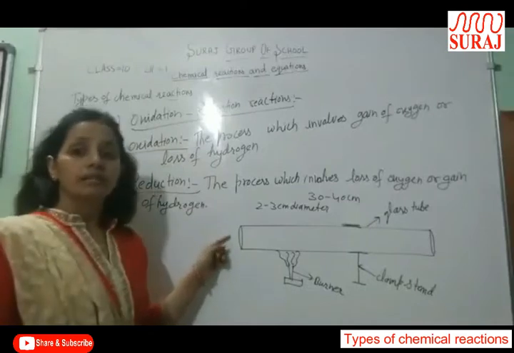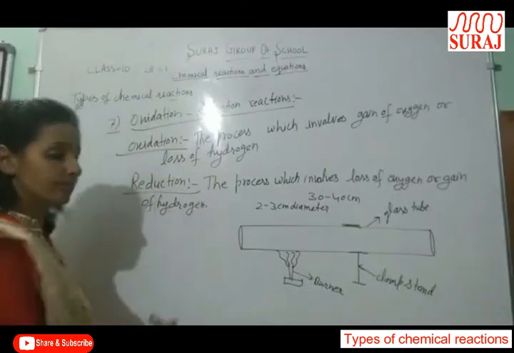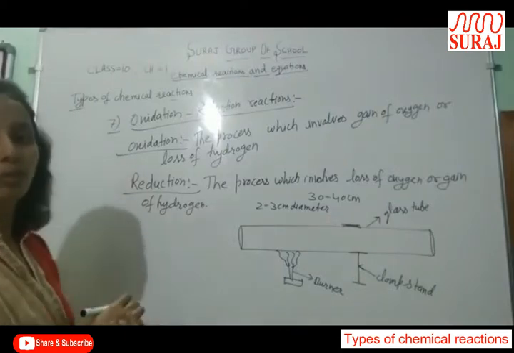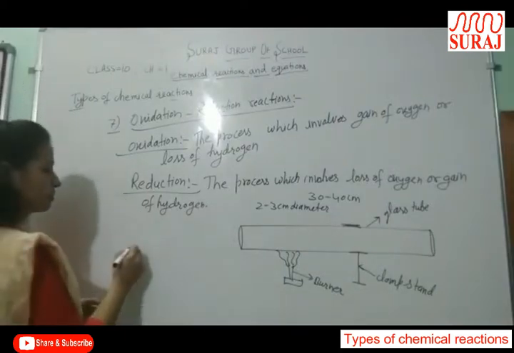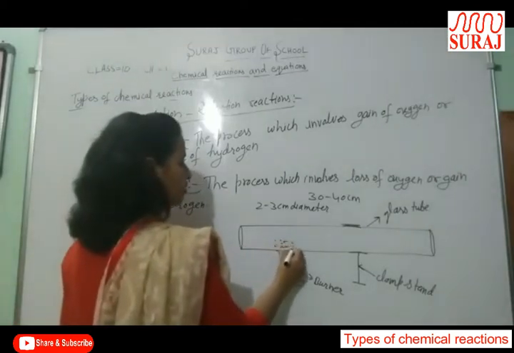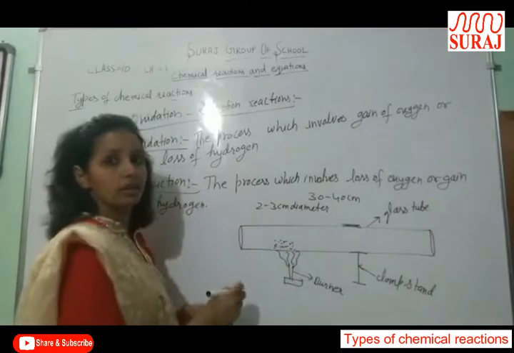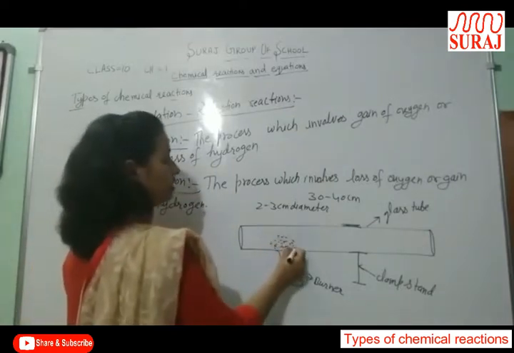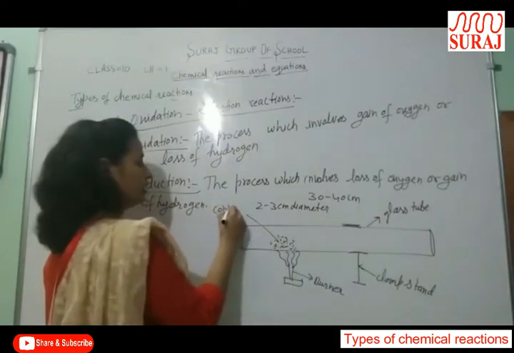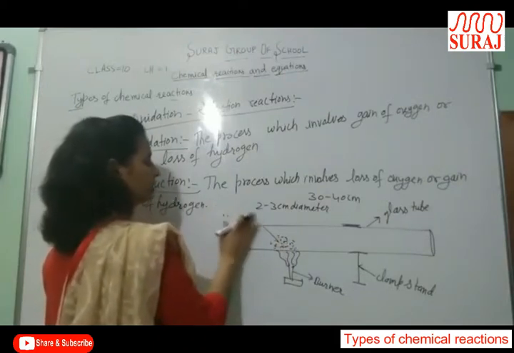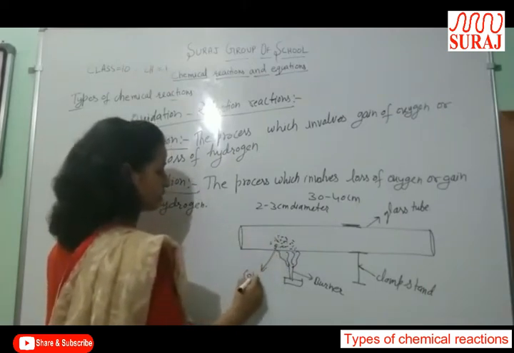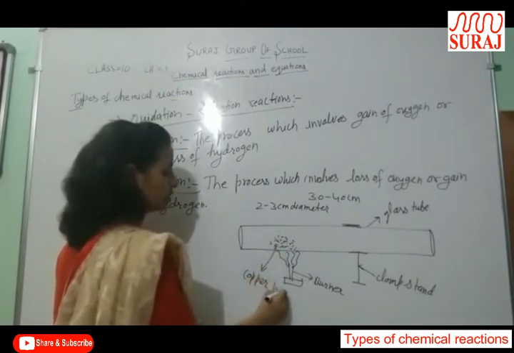We can take the powder of copper, which is placed here with the help of a long-handled spatula. This is known as copper powder. We can write it here: copper powder.